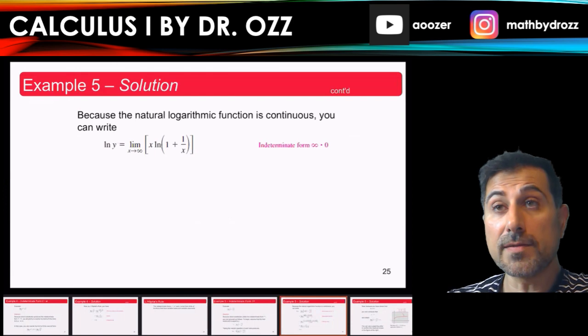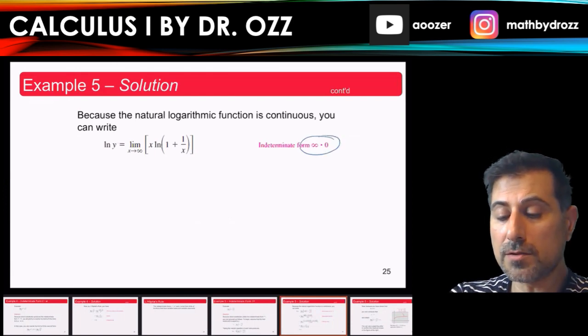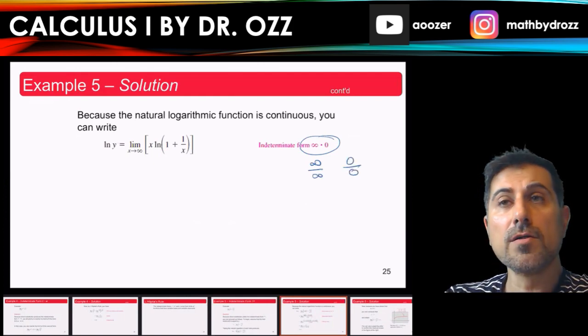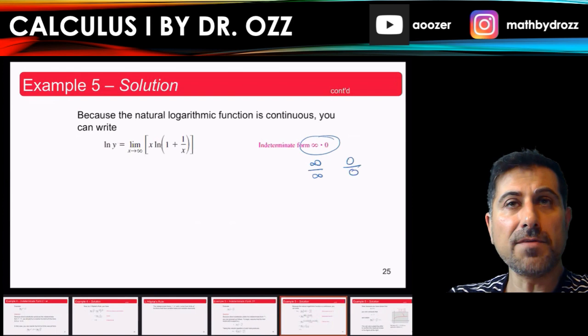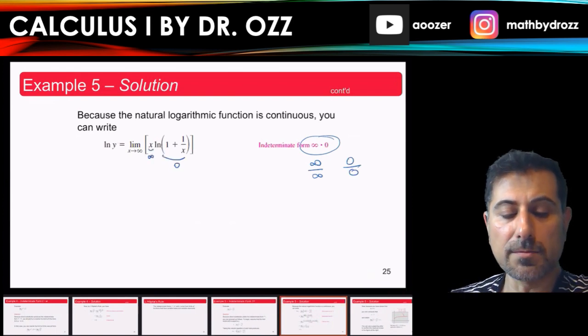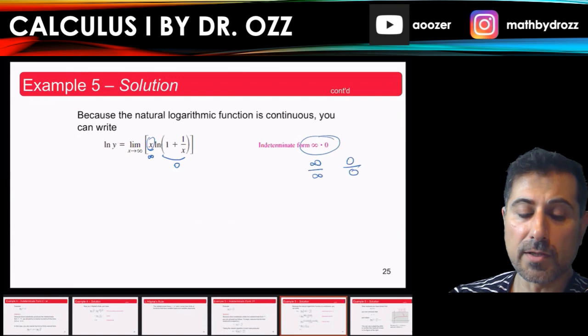And from the previous example, we learned how to convert this form into either infinity over infinity or 0 over 0. So here the infinity term is coming out of this, and then this is the one taking us to 0. So why don't we write this as 0 over 0 so that I can flip this guy down.